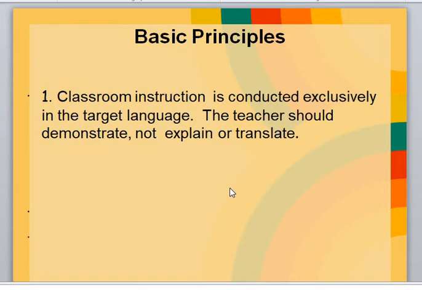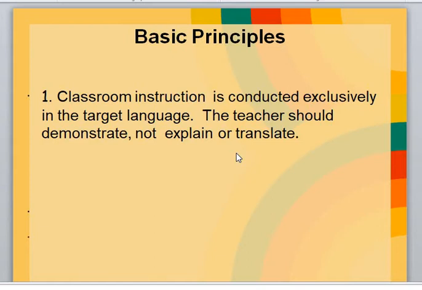The basic principle of direct method of teaching English language is basically the classroom instruction is conducted exclusively in the target language. The teacher should demonstrate, not explain or translate, because their focus is that the language should be taught in the target language.